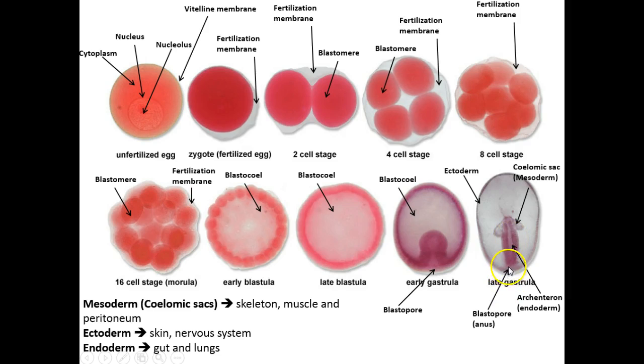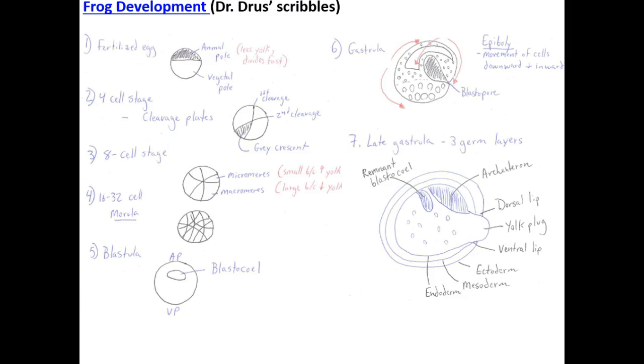The blastopore is going to become the anus, because this is a deuterostome, and you may get to see some coelomic sacs coming out that will actually be forming your mesoderm tissue. So your mesoderm is the tissue that forms your skeletal muscle and the connective tissues, the peritoneum that hold your guts in place. Ectoderm, your skin and nervous system, and then endoderm, your gut and your lungs.